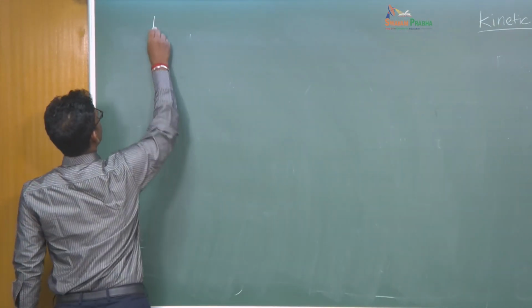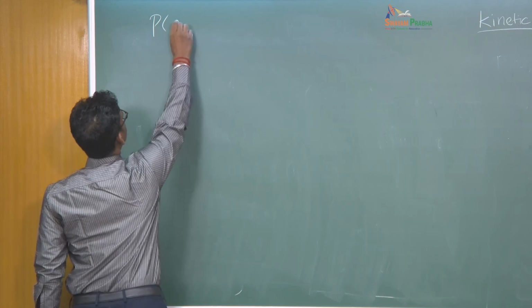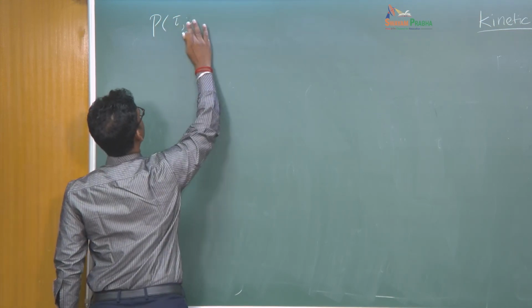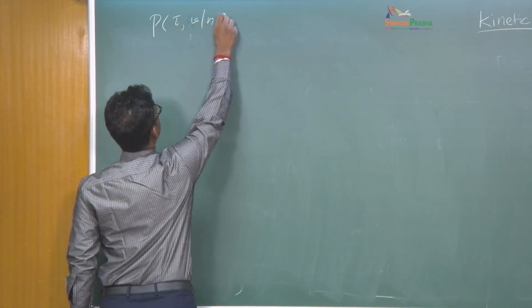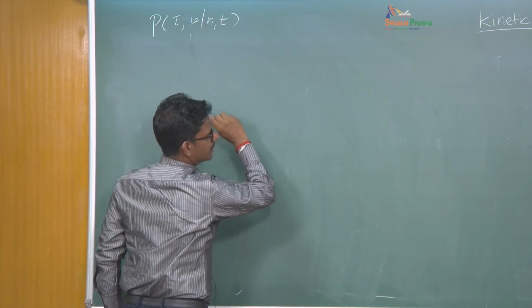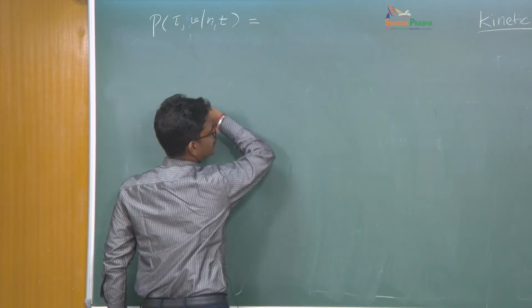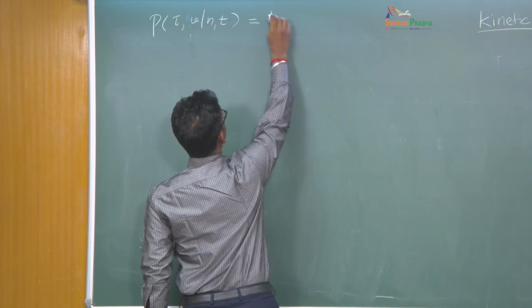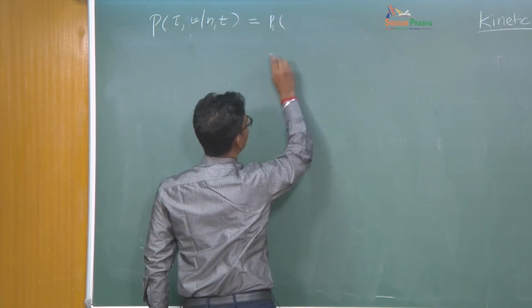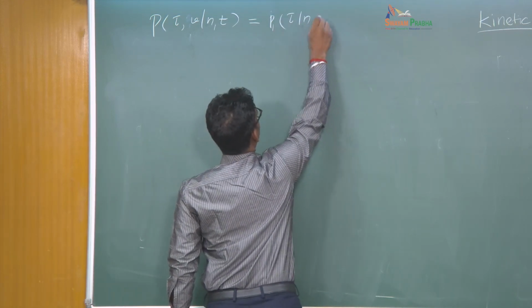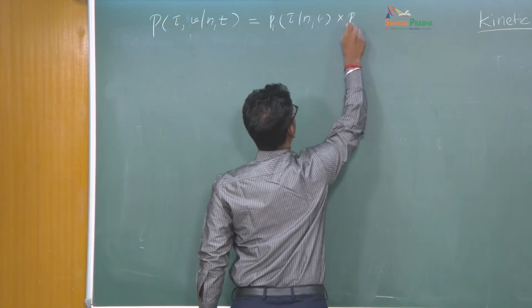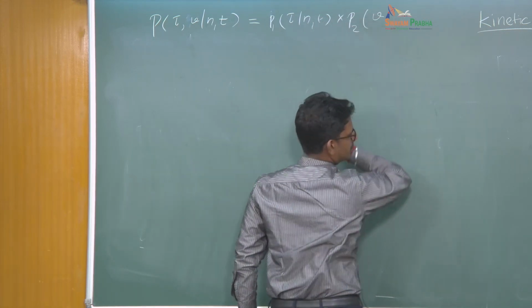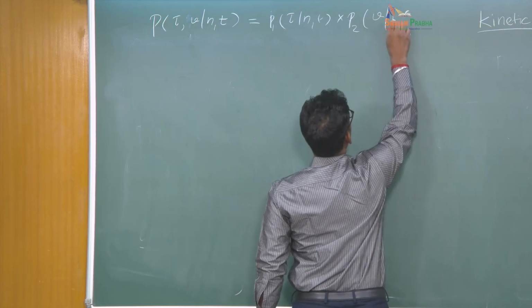So therefore, we are saying that P of tau, nu given n, t is equal to P1 of tau given n, t, and P2 of nu given n, t plus tau.